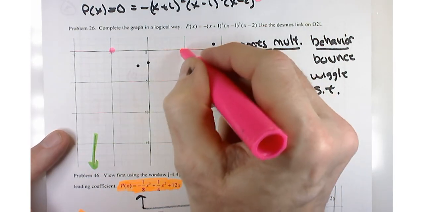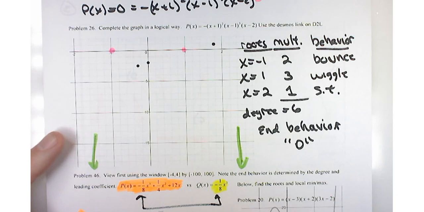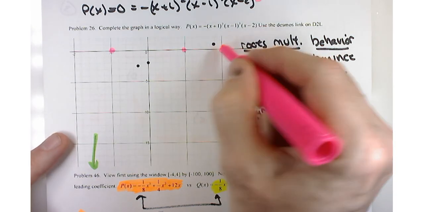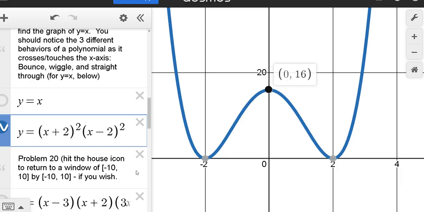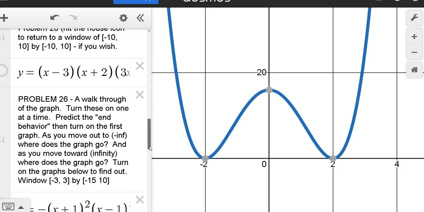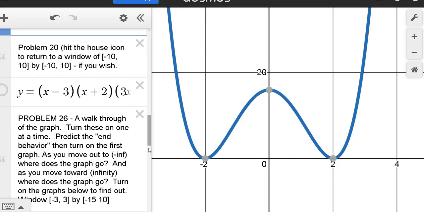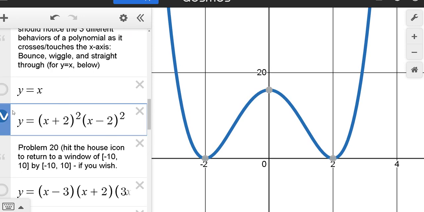I've got another root at +1. And then a root at 2. So we've got to make these roots behave like their multiplicity tells us. So if you're following along on Desmos, then it's kind of a little bit fun. Let's shut off this one.